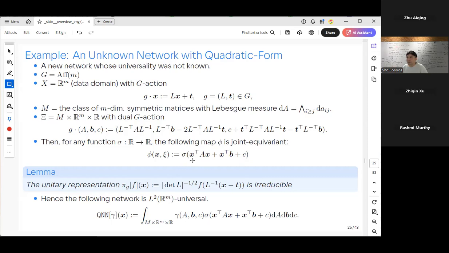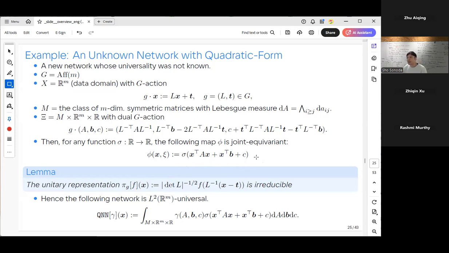So this feature map is understood as a quadratic form followed by a nonlinear activation function. And as far as we know, there has been no such kind of network proposed.